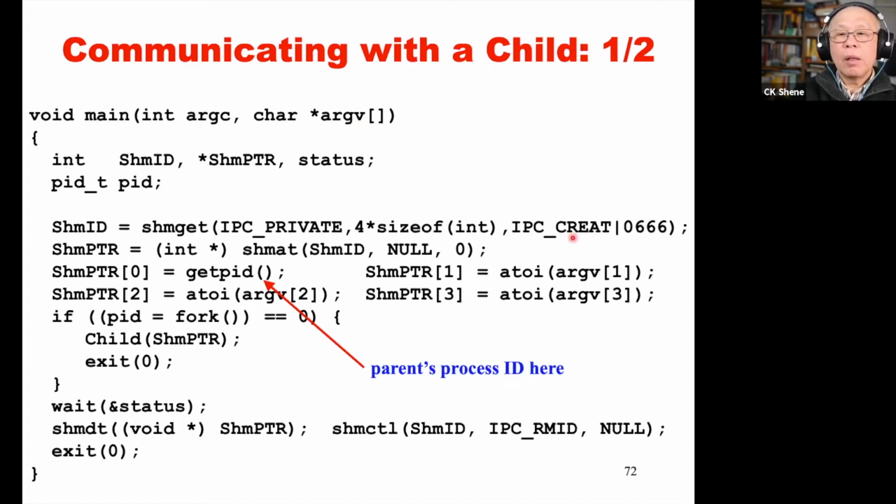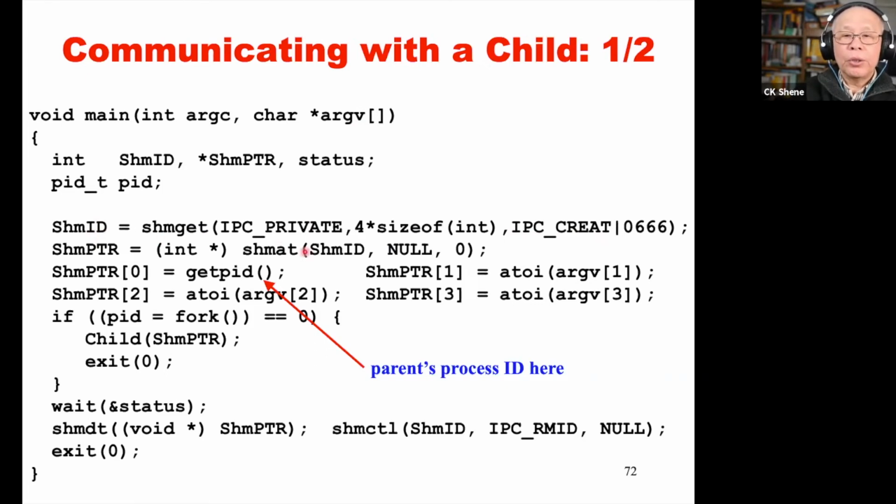And then this is a creation, IPC create. Now, I want the system to provide me with a private key because I don't need it to know it. So this shared memory get, please add error checking, returns a shared memory ID to me. Save it in SHM ID.